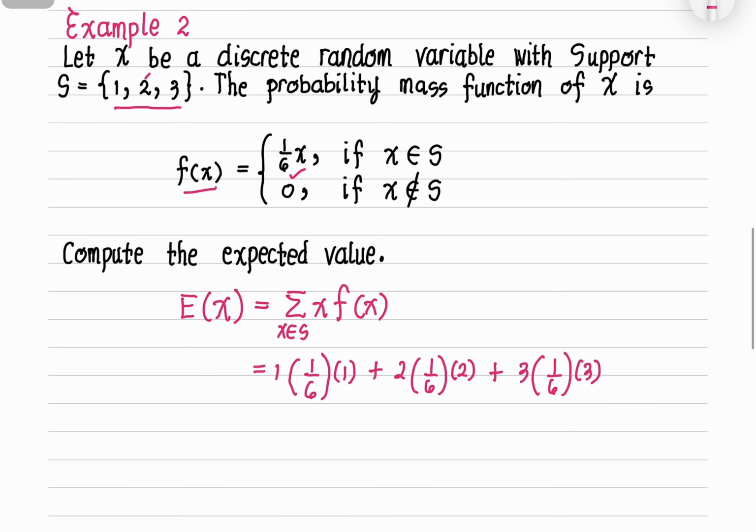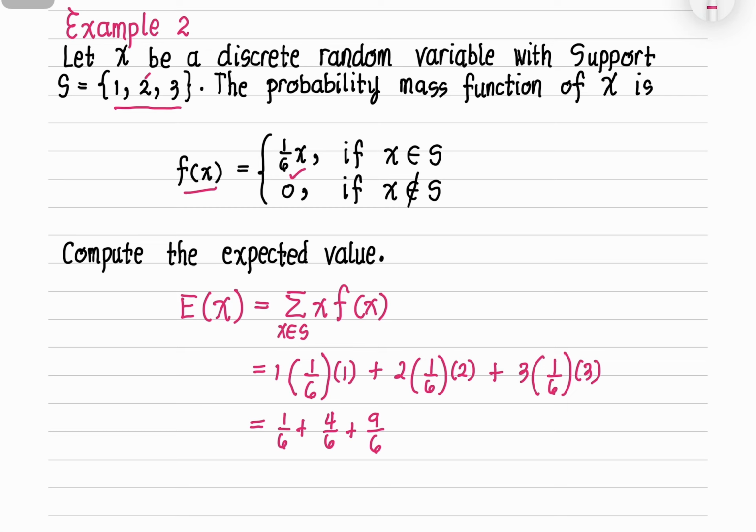And then, let's simplify. So, 1 times 1 times 1 equals 1 over 6, plus 2 times 1 times 2, that is equal to 4 over 6. Plus 3 times 1 equals 3 times 3 equals 9, so 9 over 6.